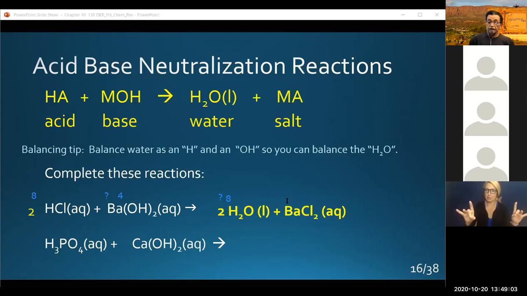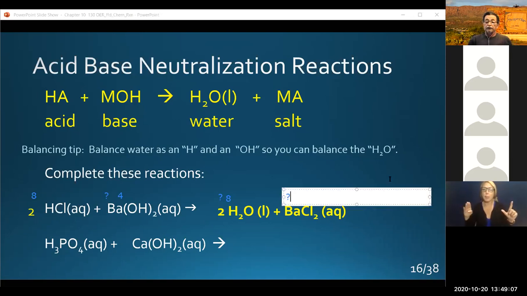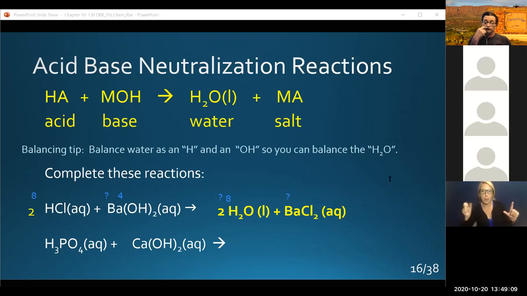Okay. If I have 8 HCl, how much barium chloride am I going to make? Anybody want to take an educated guess on this? No need to guess. You got the answer right in front of you.